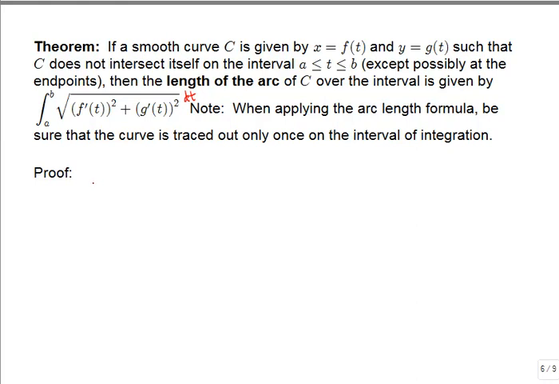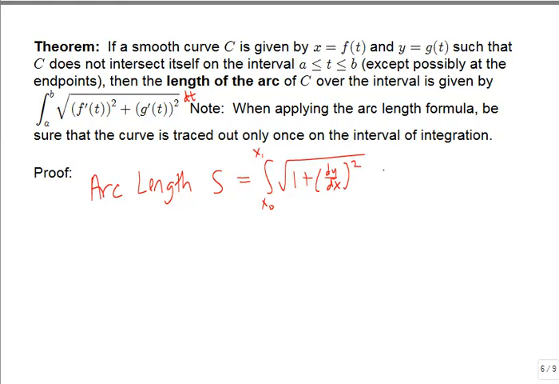Okay, so what we remember from a previous chapter when we talked about calculating arc length is that arc length was in the past the integral from some point x sub 0 to x sub 1 of the square root of 1 plus dy dx quantity squared dx.